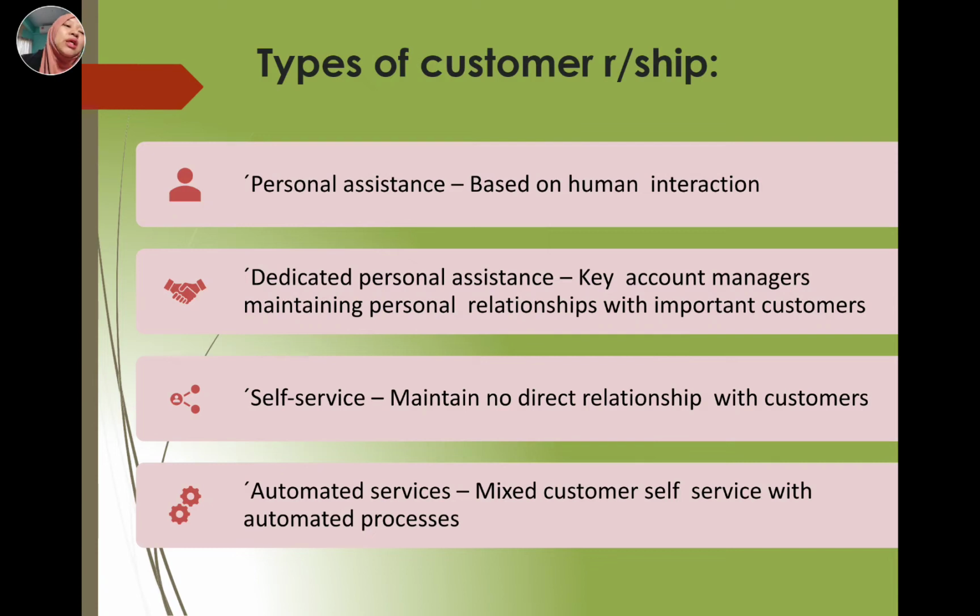Self-service maintains no direct relationship with the customer. Some customers prefer to do it on their own. They don't like to be disturbed, so that's why we provide that kind of self-service. Automated service mixes customer self-service and automated processes.